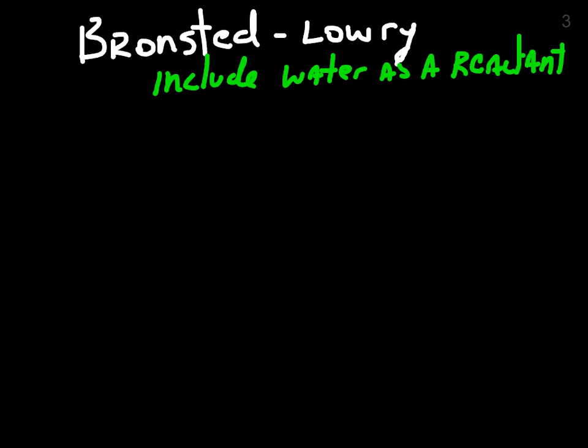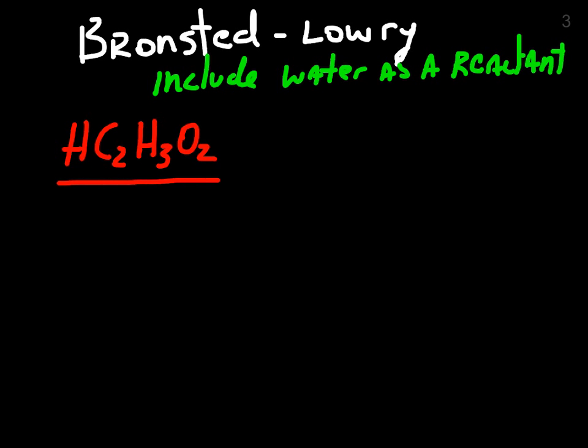So it's going to work like this. Okay, I'll take this acid, C2H3O2. This is acetic acid, so it's what's in vinegar. And again, it's got the hydrogen in the front, so it kind of gives you a clue that maybe it's an acid, and it is an acid.